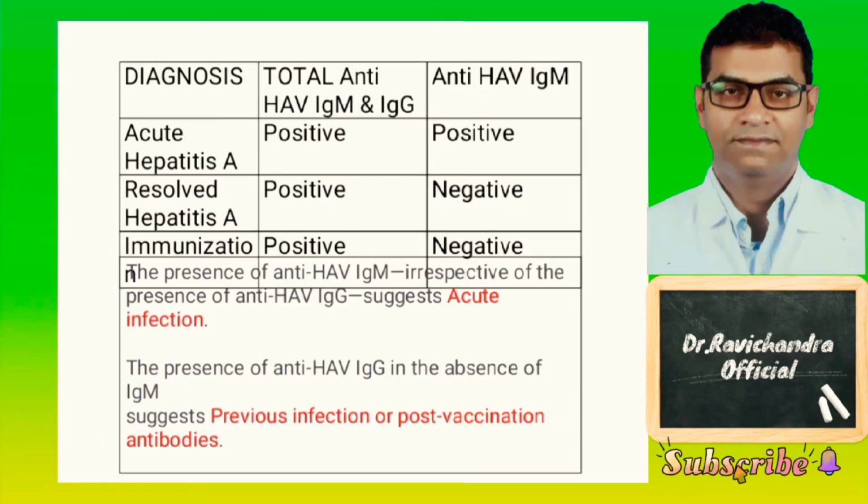If anti-HAV IgM and anti-HAV total are positive, then it is diagnosed as acute hepatitis A. The presence of anti-HAV IgM, irrespective of the presence of anti-HAV IgG, suggests acute infection, and the presence of anti-HAV IgG in the absence of IgM suggests previous infection or post-vaccination antibody.